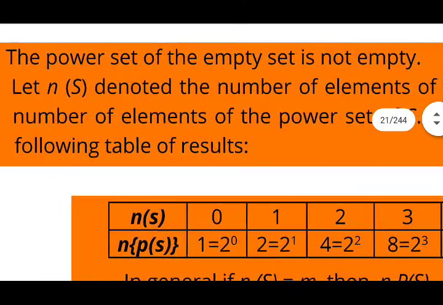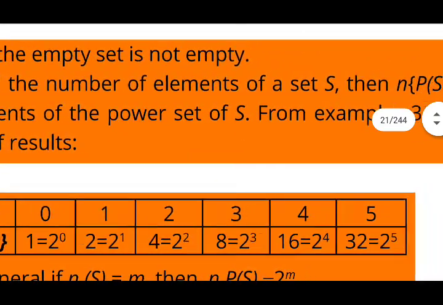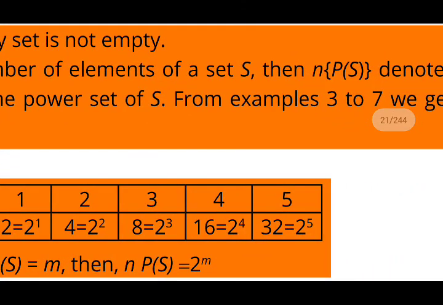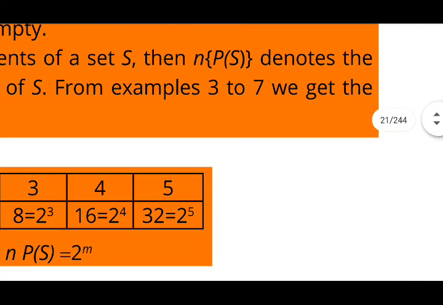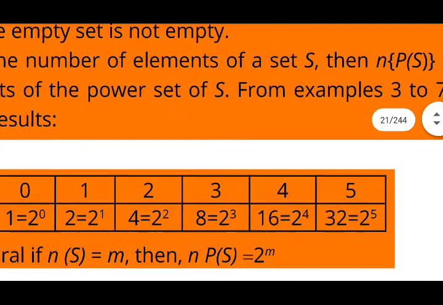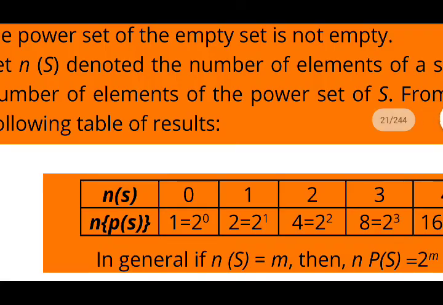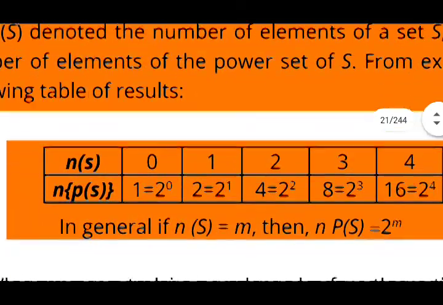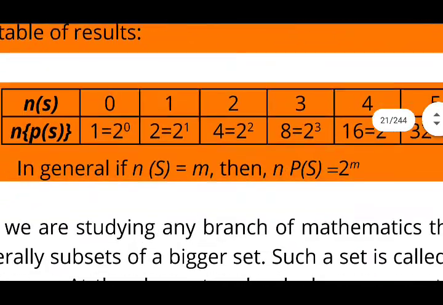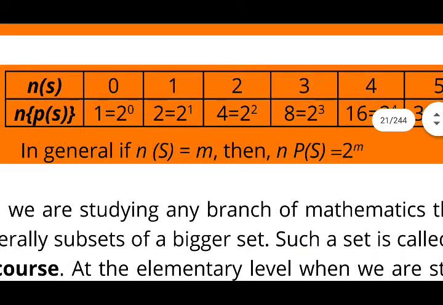N of S means the number of elements of a set S. N of P of S means the number of elements of the power set. And this table shows some elements. If a set contains 0 elements, like example number 7, then its power set contains 2 raised to power 0, which is 1.